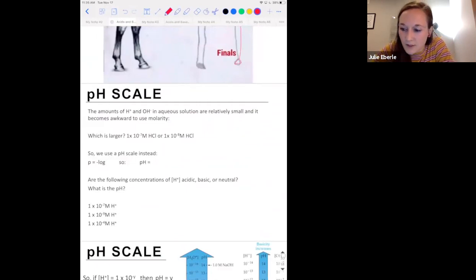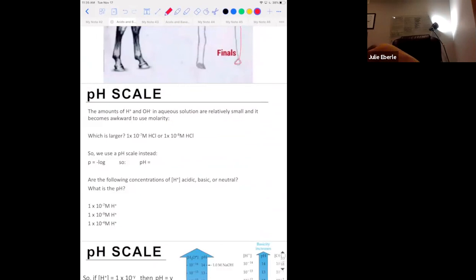So, all right. Water. We discussed water, all of that H plus OH minus stuff just to get here. And I better plug my computer in or I'm going to magically disappear. pH scale. So pH is a whole big unit.